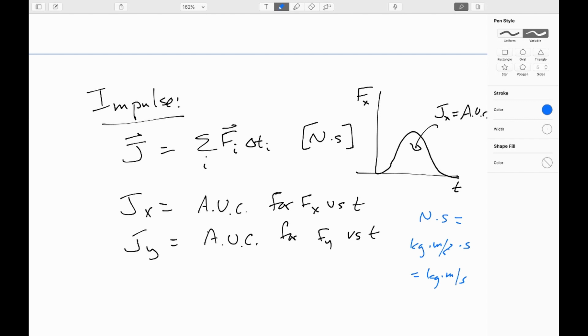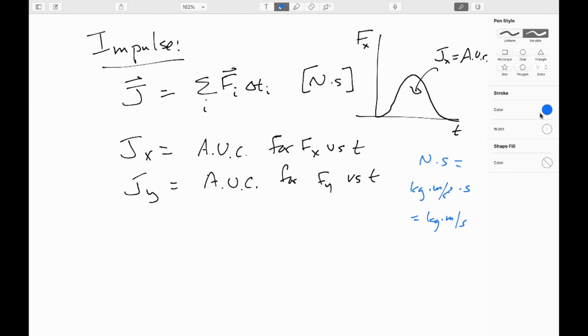Now, where this is really useful is for characterizing situations that I like to call hammer hits. In a hammer hit kind of situation, you're dealing with a force that goes from 0 up to something huge, back down to 0, and you do that fairly rapidly.